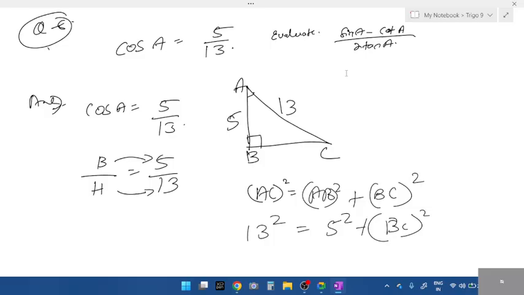Try the next. Substitute, right? In the formula, you have to do addition, subtraction, LCM.